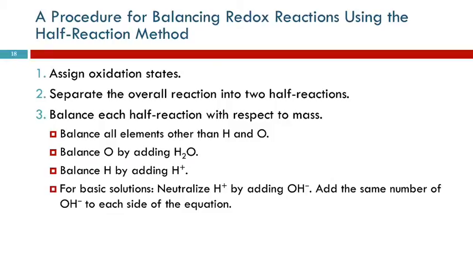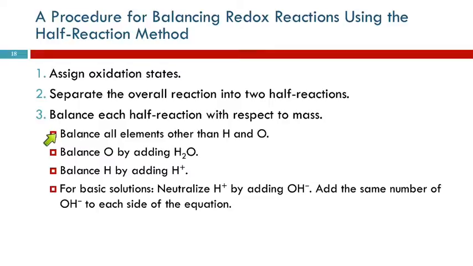So here's the list of instructions for how to balance these, the half reaction method. First thing is assign oxidation states. Next, separate the overall reaction into 2 half reactions. Balance each half reaction with respect to mass. Now the one we did was very simple. They can get a little more complicated. So what you do first is you balance everything besides hydrogen and oxygen.